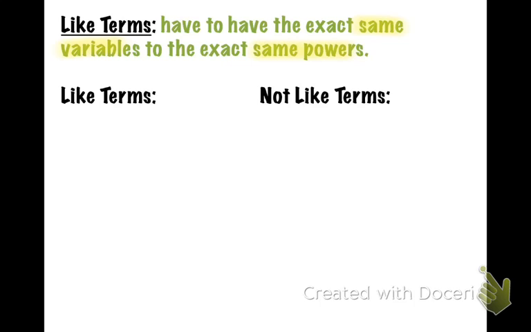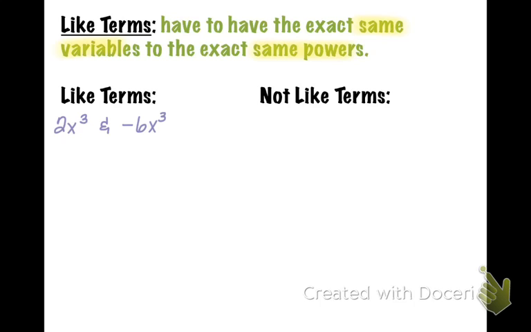So some examples of things that are like terms would be 2x to the third and negative 6x to the third. Even though the coefficients don't match, remember that's just telling us how many x to the thirds we have. So if I were to combine those together, I would say 2 and negative 6 makes negative 4, so I have negative 4x to the third.